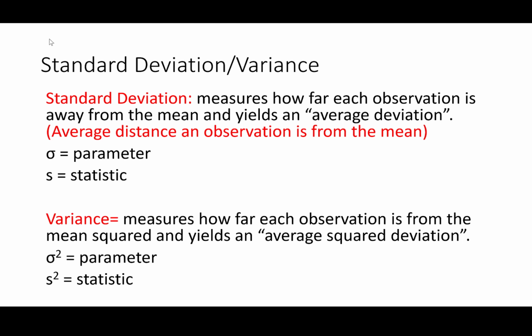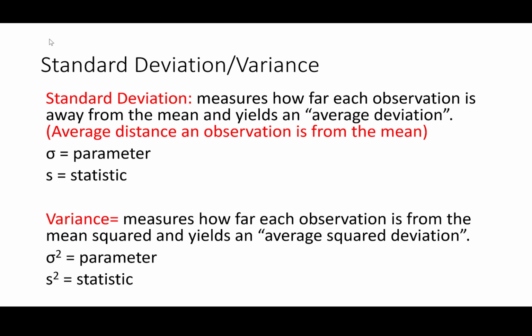Sigma squared represents the variance of a population, and S squared represents the variance of a sample. This is because the variance measures the average squared distance or deviation from the mean, compared to the standard deviation, which measures the average distance an observation is from the mean. So that's why you'll see that little squared next to the notation for the variance.